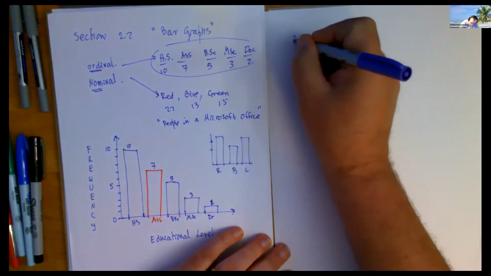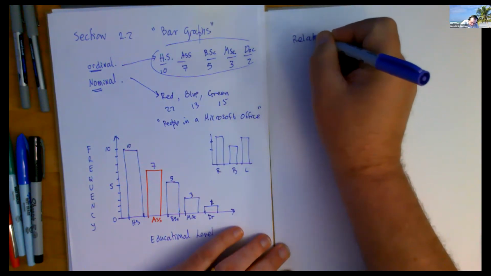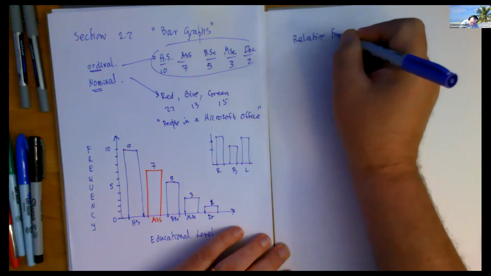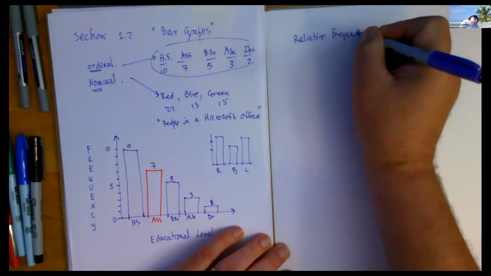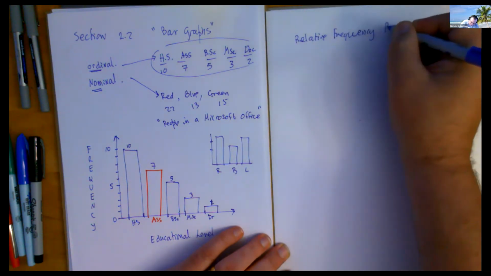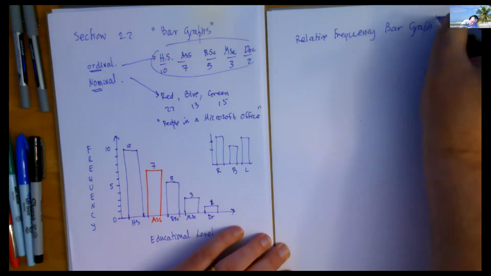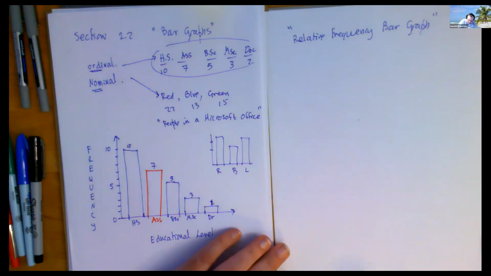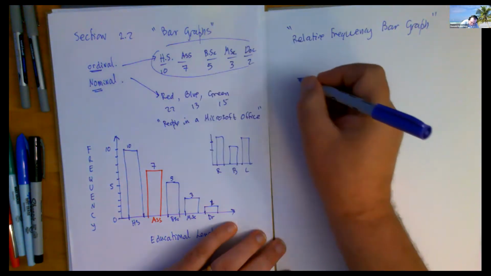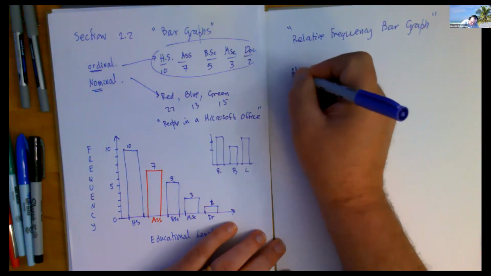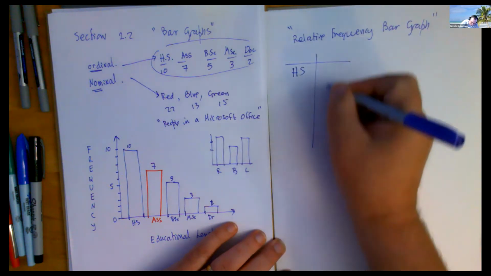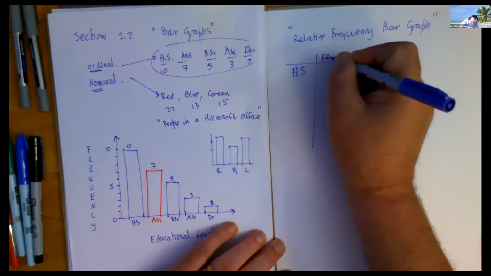Now, you can take a bar graph, which we have here, and do a flavor of it called a relative frequency bar graph. So let's do it with the high school data again, right? So you've got high school and you've got the frequency.